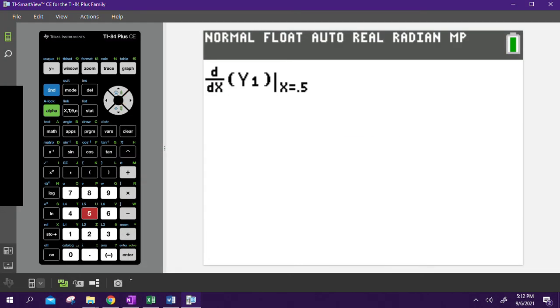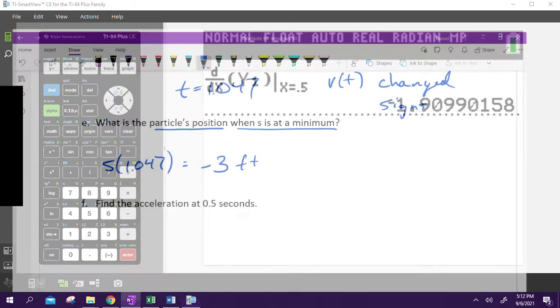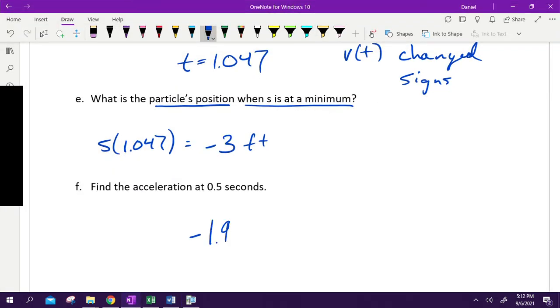Yep, 0.5, type it in, hit enter. Negative 1.909 or negative 1.910. That is in feet per second squared, because I just took the derivative of velocity, which is acceleration. So we found v prime at 0.5.